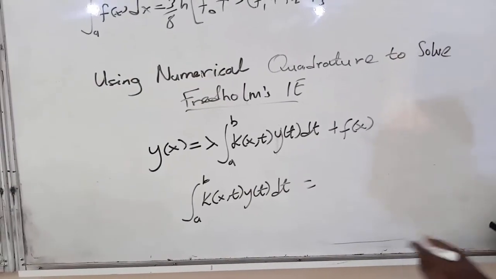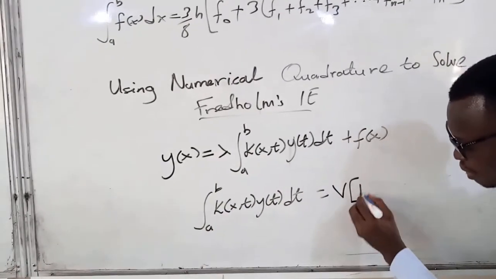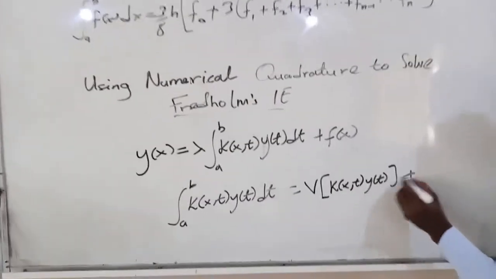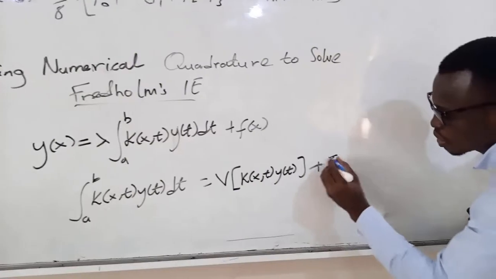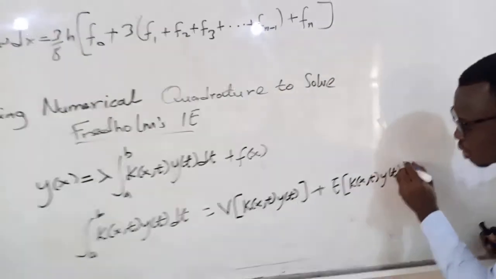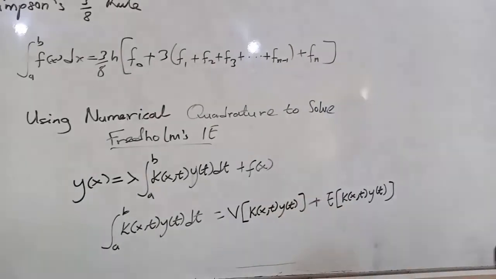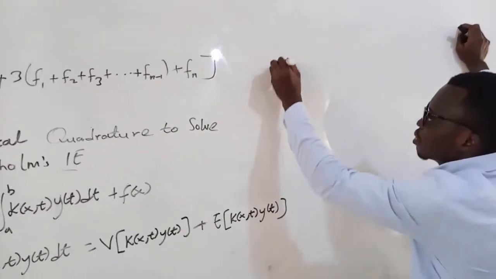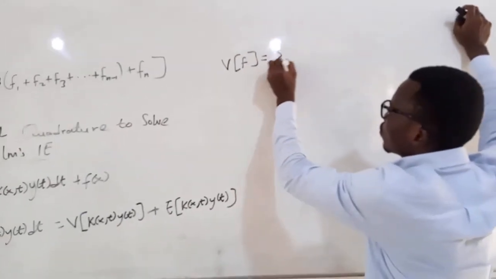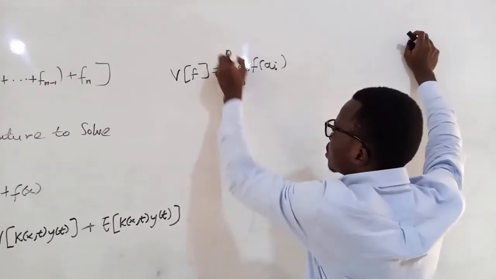If we use numerical integration, I'm going to have V of the whole of this function, where k is the kernel k(s,t) multiplied by the ordinary function y(t), plus E, the truncated error, which is for k(s,t) y(t). And we know that V(f) is giving us the summation of a_i f(a_i), where i runs from 0 to n.